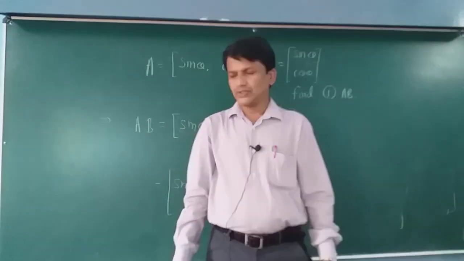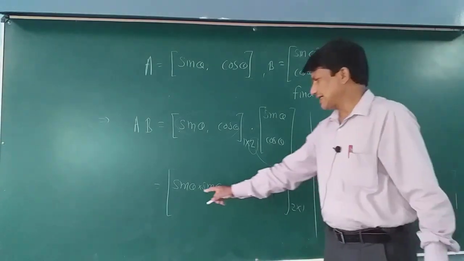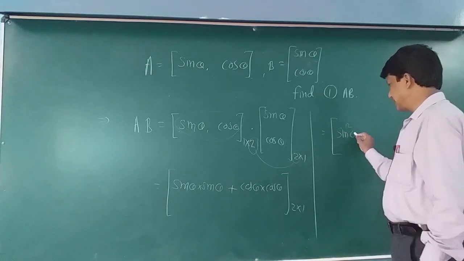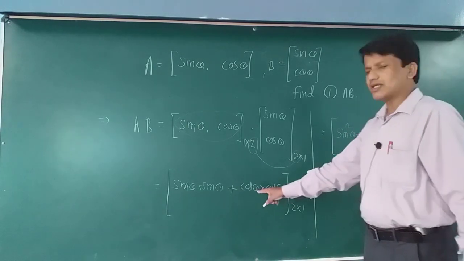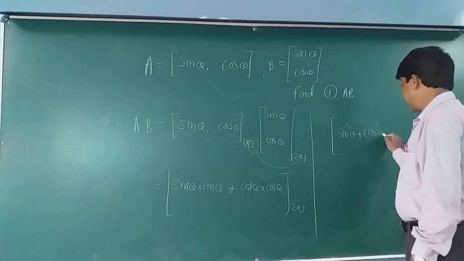Okay, so what will be the answer here? Sin theta into sin theta will give sin square theta plus cos theta into cos theta, cos square theta.